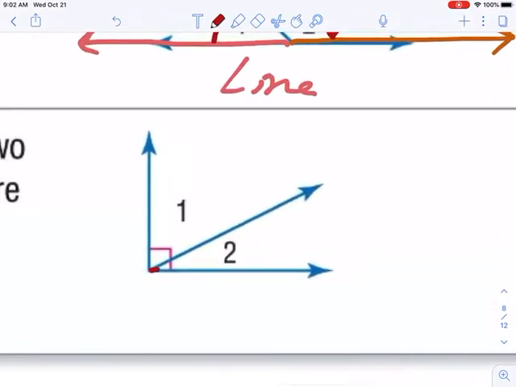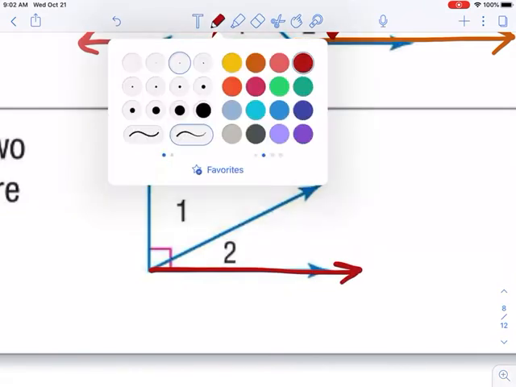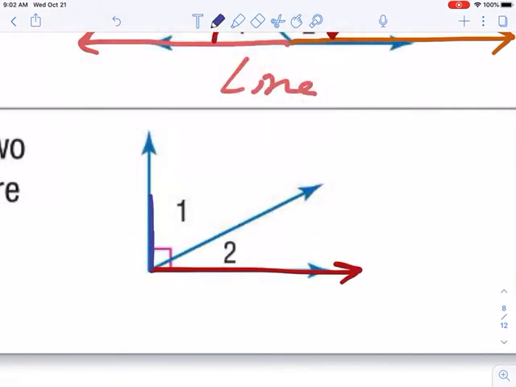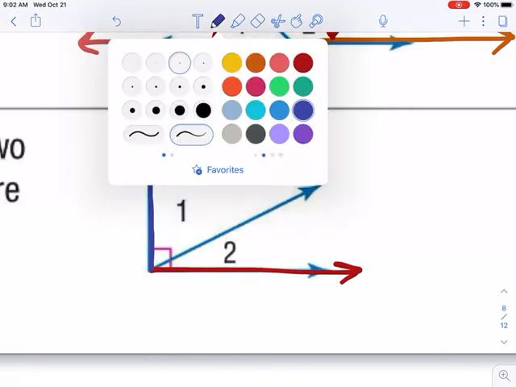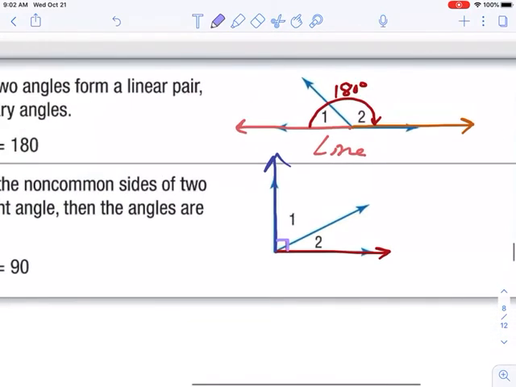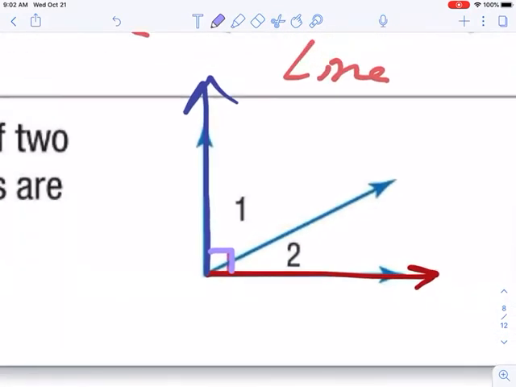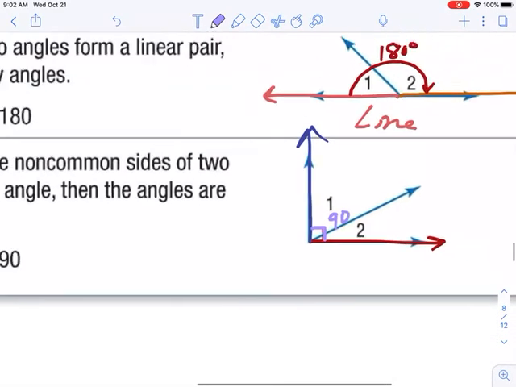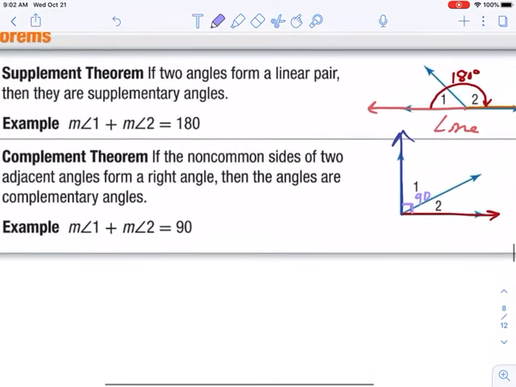So if these rays here form a right angle, then these are complementary angles. Complementary, 90 degrees. Angle 1 and angle 2 add up to 90. Complementary.